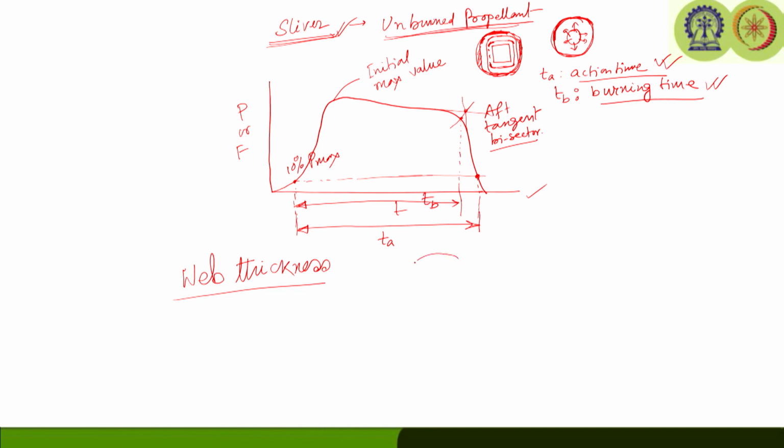If we look at our typical cylindrical grain, this was our initial burning surface area, and this was the insulated case wall. If we take the distance from here, this is known as the web thickness, or b. So, this is the minimum thickness of the grain from the initial burning surface area to the insulated case wall.